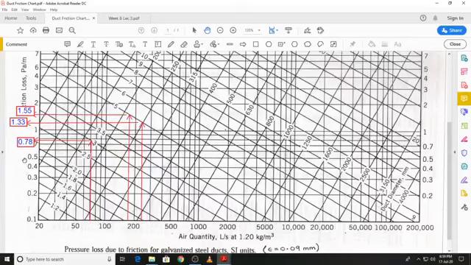And then segment 4, volume flow rate is 95 liters per second. So this is 90, 95 will be quite close to the value for 100, and again the velocity is 3 meters per second.